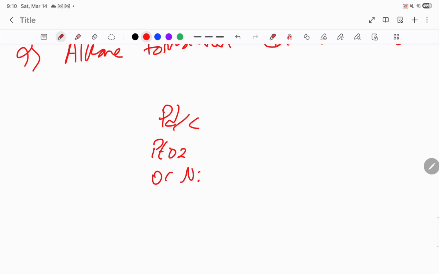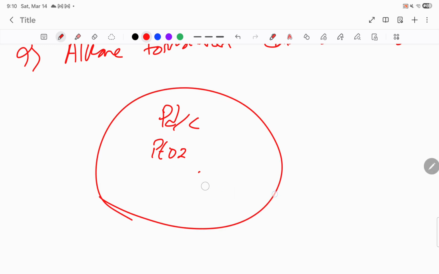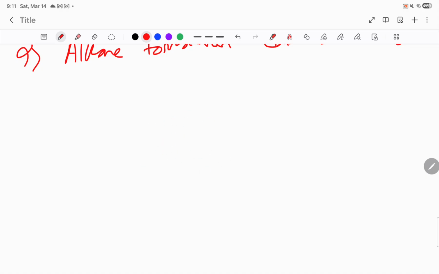The reaction occurs at ambient or room temperature and pressure, or sometimes slightly elevated pressures. But these are the precious metal catalysts we are looking at, and the reaction is really quite simple.